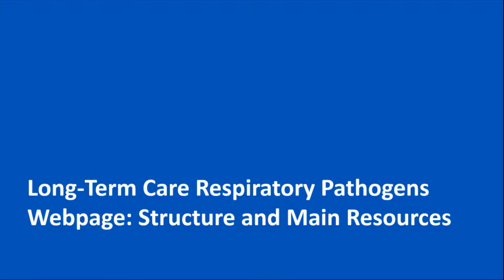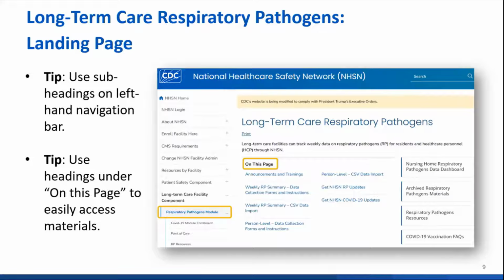We'll now go over the webpage structure and main resources for the long-term care respiratory pathogens module main landing page. As a reminder, facilities can use the subheadings on the navigation bar to access various web pages across NHSN.